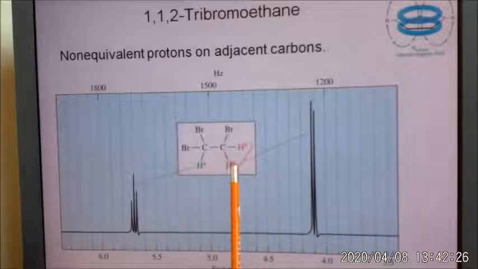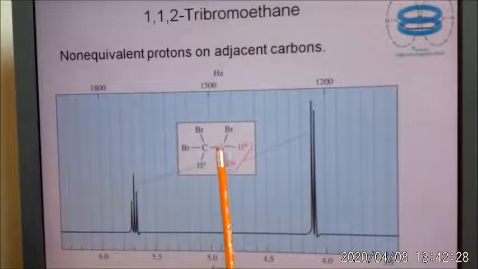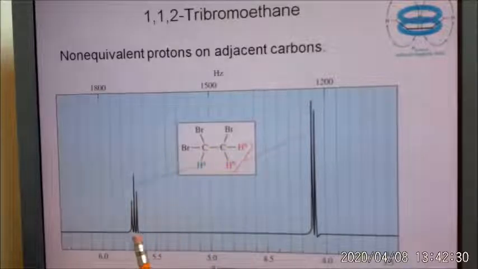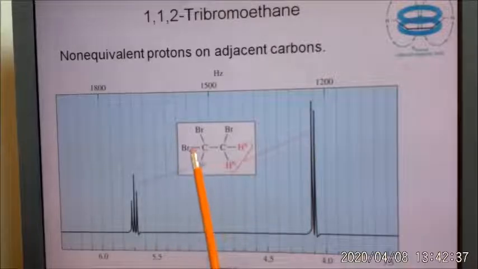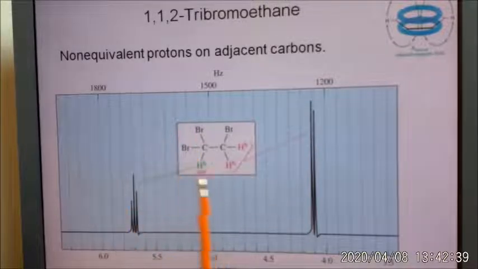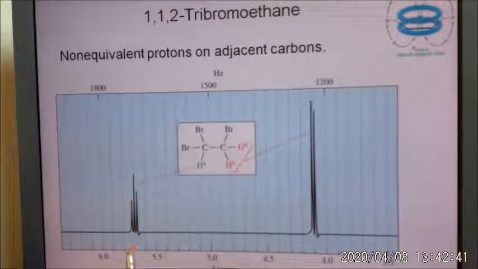Because B is on a carbon with only one bromine, and this is further removed, that's why you see the chemical shift at 4.1. This hydrogen is on a carbon that has two bromines, so it's going to be shifted even further, and that's why you see it at 5.7 ppm.